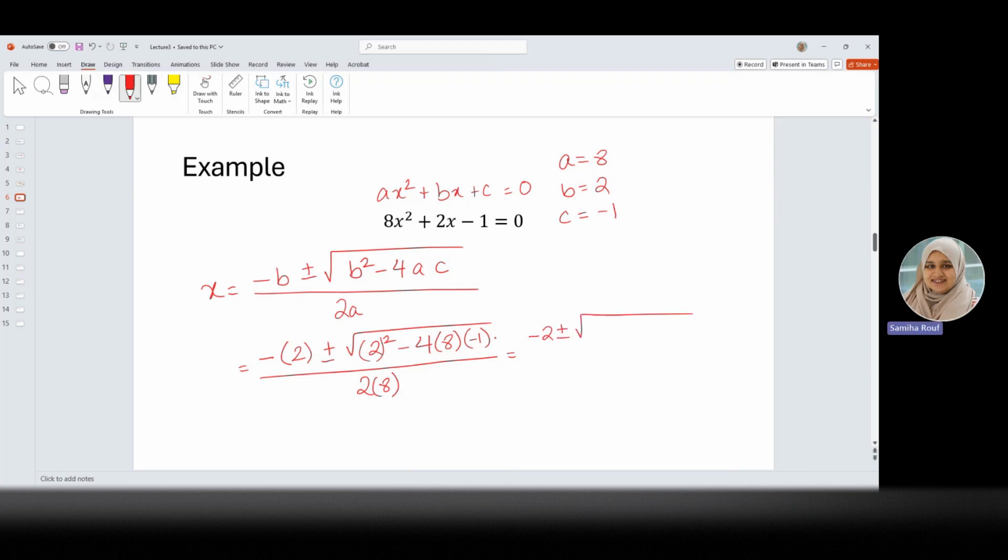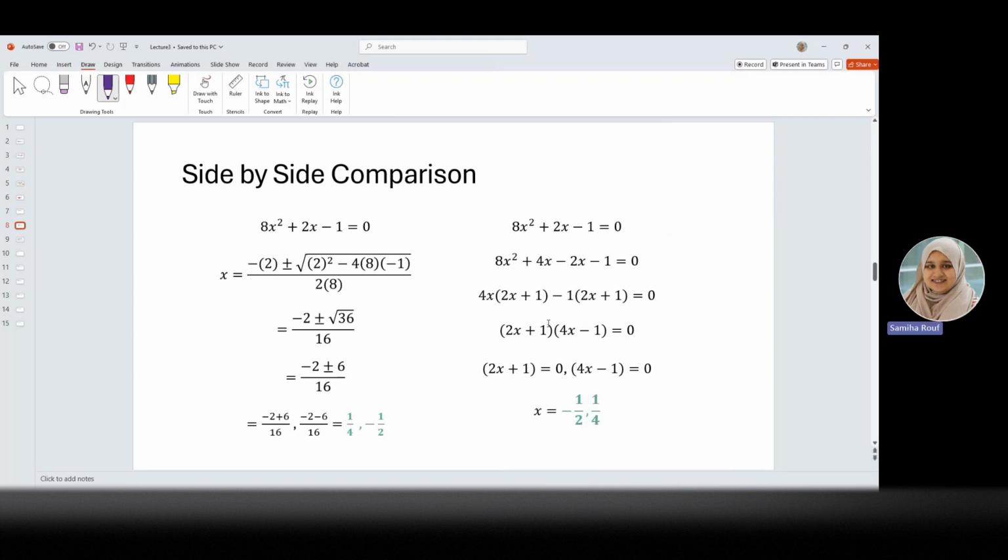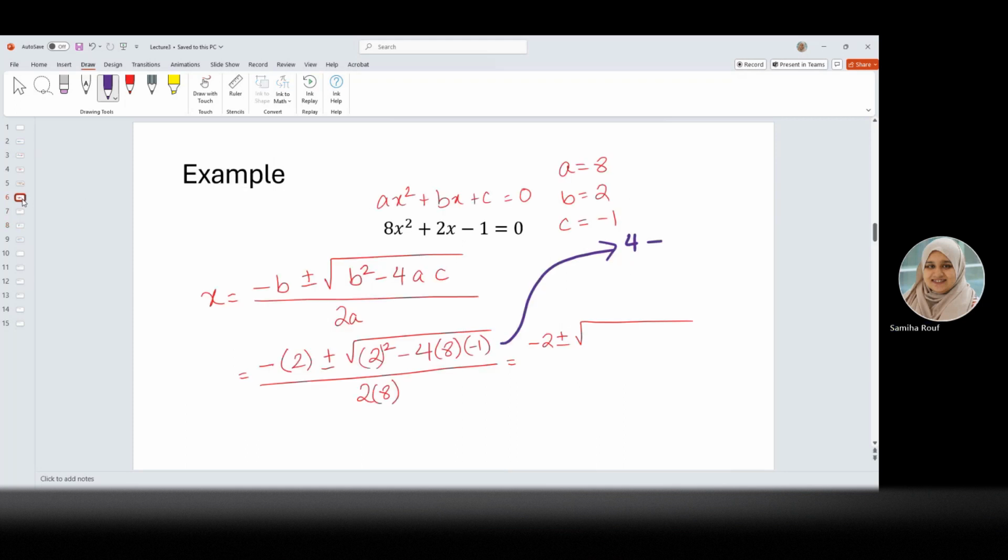Okay. Inside the square root, I write this part over here. It's 2 squared, which is 4, minus 4 times 8 times -1.